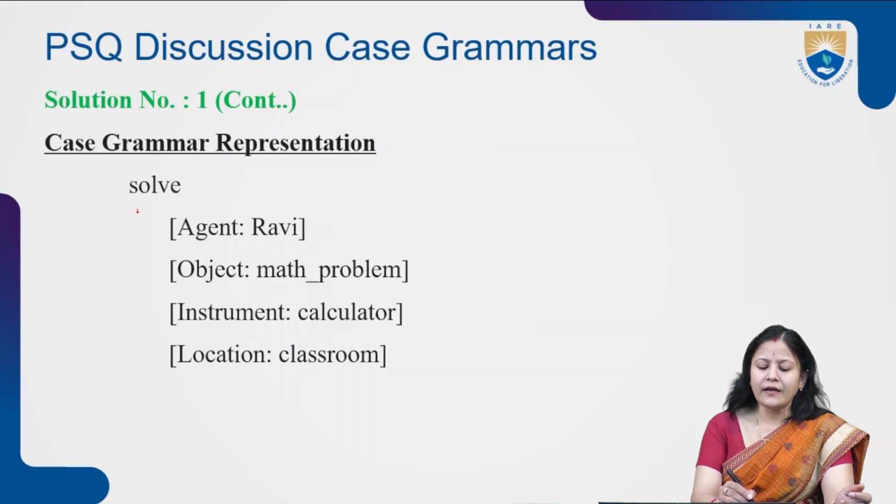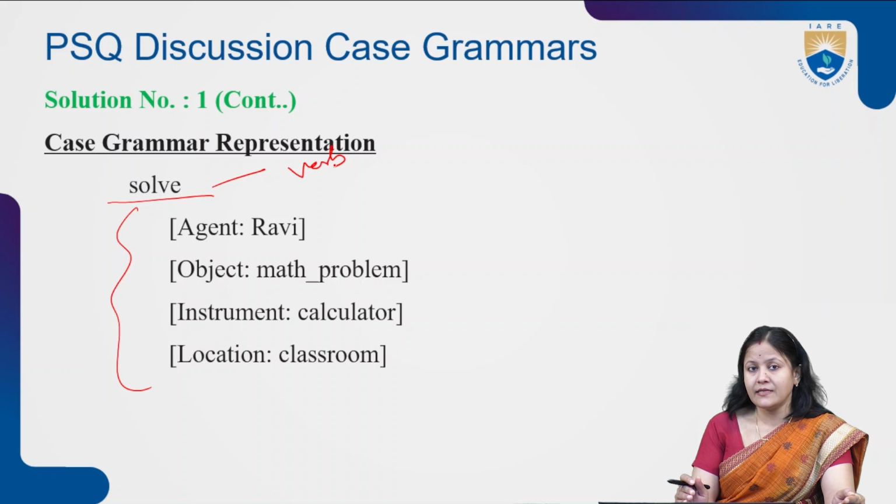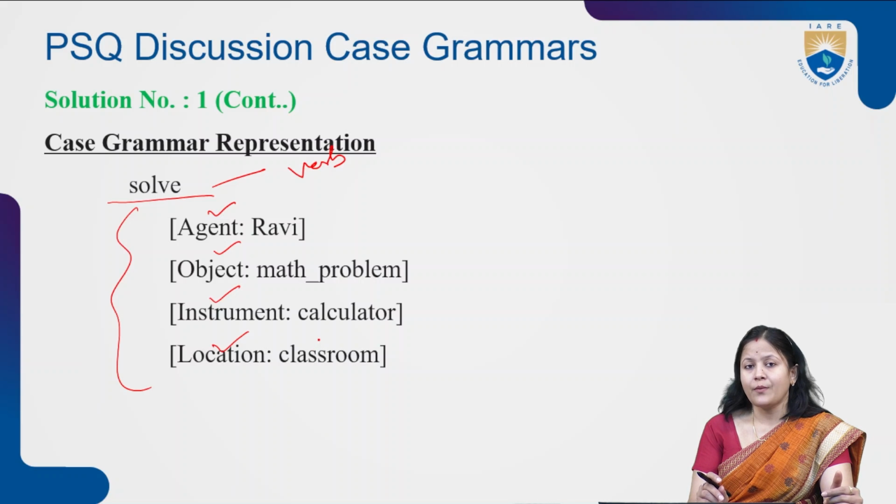Now this is the actual representation of the case grammar for the verb solve. So first you write the verb, solve, and then all the cases like the agent case, object case, instrument case and location case, which you have to find out from the sentence, followed by a colon and then who is the agent in your sentence, who is the object, what is the instrument and what is the location, within square brackets separately.